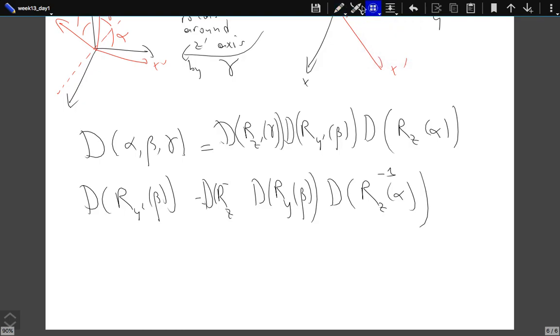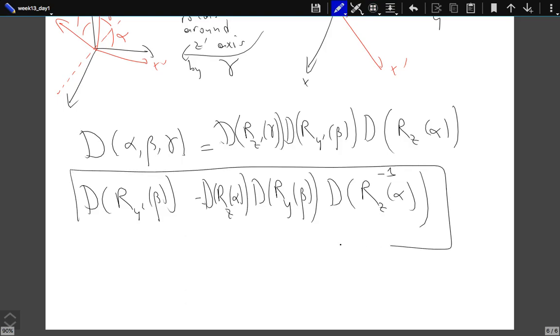Not inverse this time. So we have such an identity. Well, let me just use some shorthand notation.